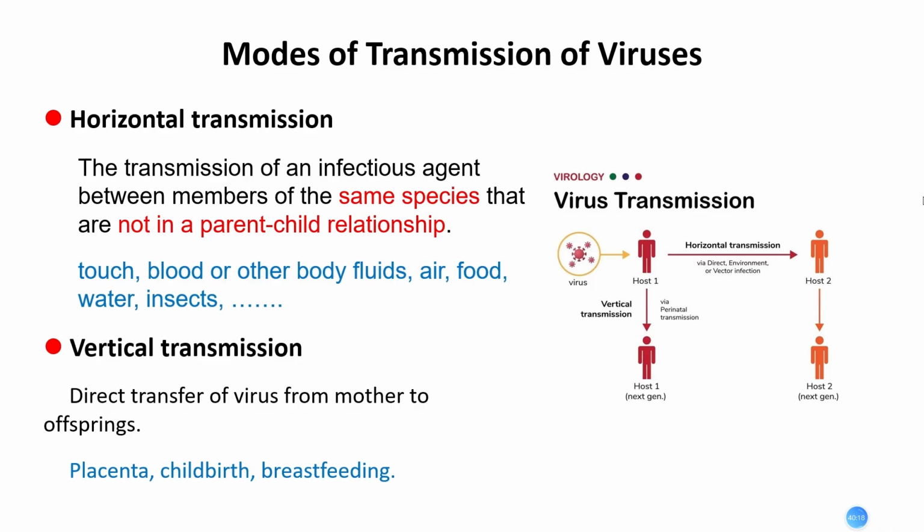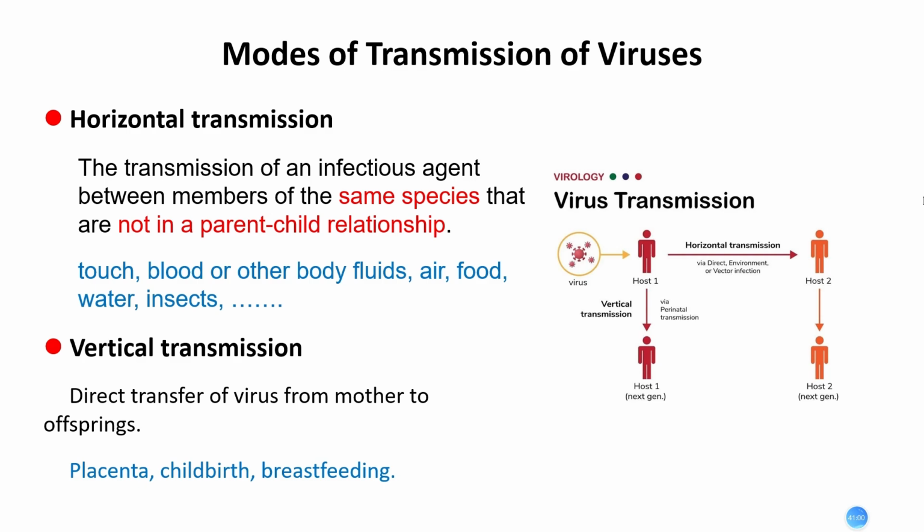Well, the second type of transmission is horizontal transmission. That's a transmission of an infectious agent, the virus, between members of the same species that are not in a parent-child relationship. Same species first, not in a parent-child relationship, through different ways, like touches, blood or other body fluids, the air, the droplets, the aerosol, or contaminated food, water, or insects, such as flu.